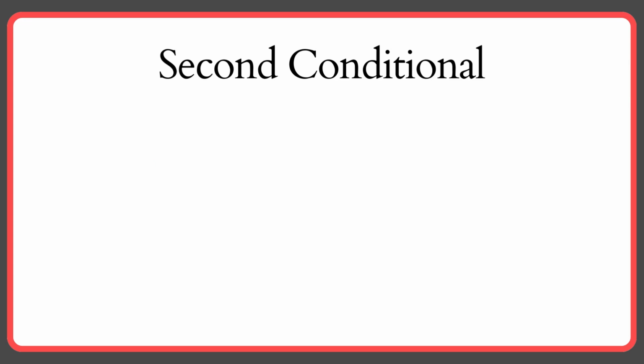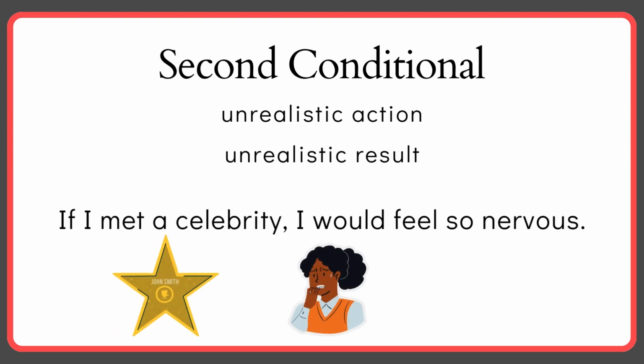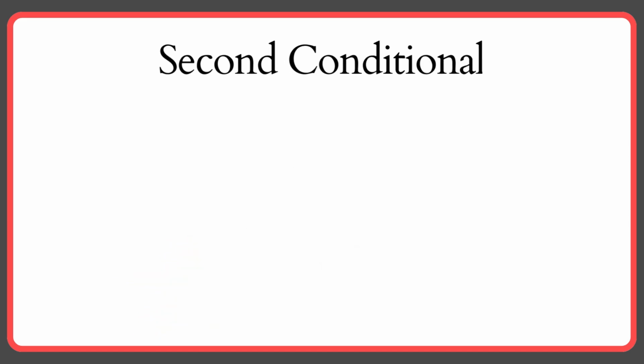The second conditional talks about an unrealistic action and an unrealistic result. So these are hypotheticals that are unreal. If I met a celebrity, I would feel so nervous. To form the second conditional, we start with if, then the unrealistic action or the hypothetical action in the past simple tense.